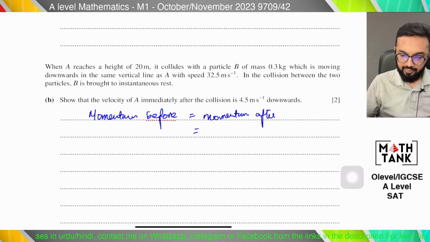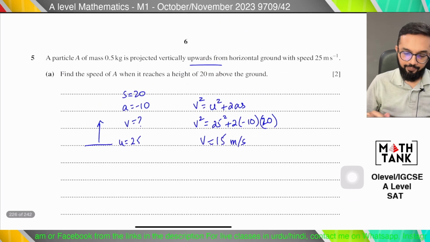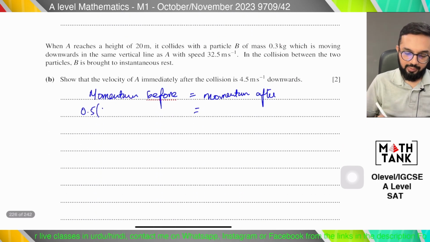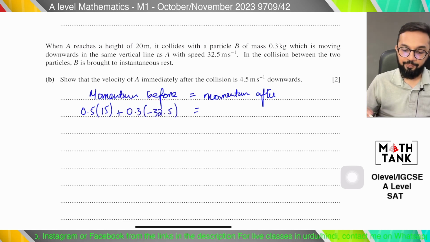So after, let's first talk about before. A has a mass of 0.5 and it's traveling with a speed of 15 when it collides, and B is traveling in the opposite direction. So the speed is minus 32.5.